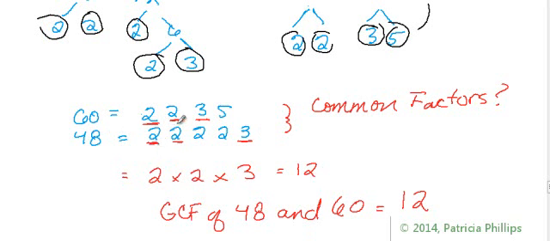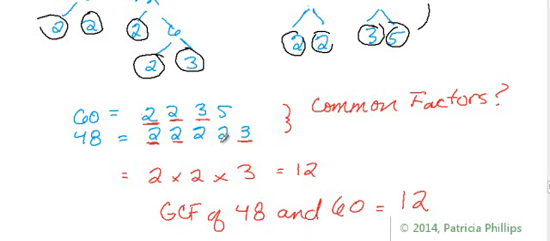With the number 60, the second 2 can be paired with another 2 from 48. With the number 60, the 3 can be paired with the 3 from 48. And that's it. There's no match for this 5 here.